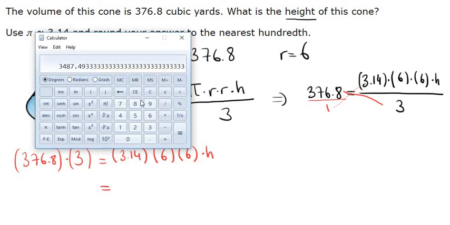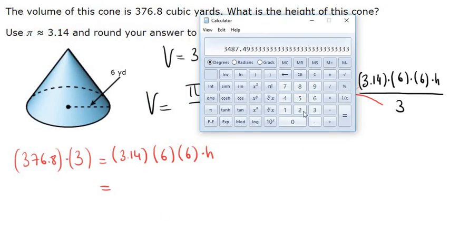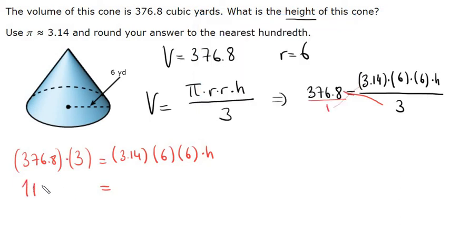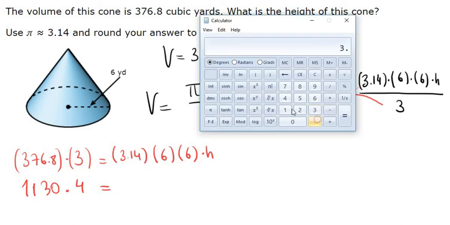So 376.8 times 3 is going to give us 1130.4, and let's multiply 3.14 times 6 and multiply by 6 again.